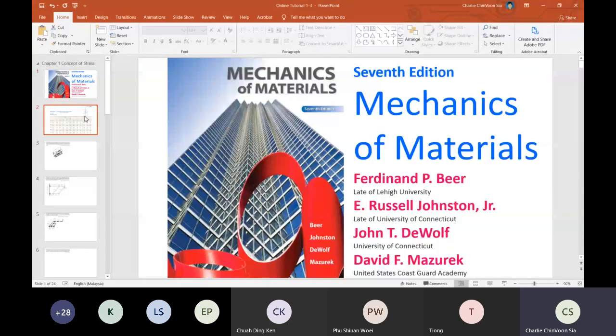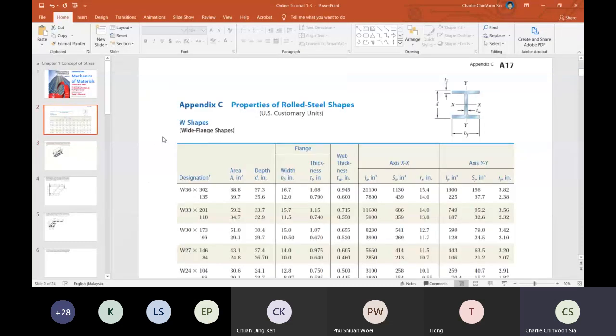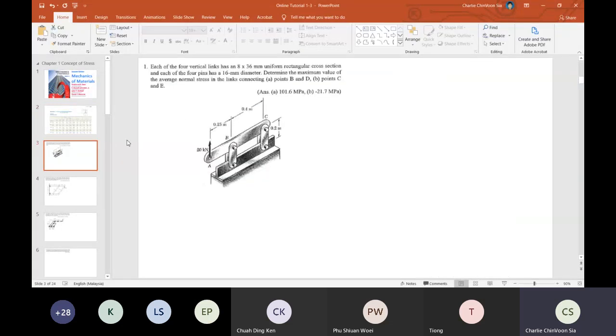Okay, so now back to our Q&A session. We start from chapter 1. Do you have any question regarding chapter 1, concept of stress, either for the lecture slide or for the tutorial question?